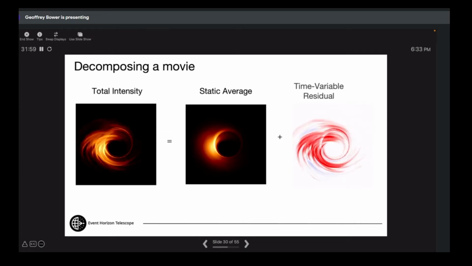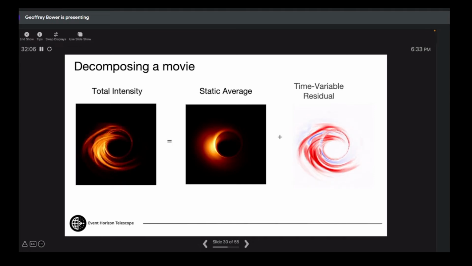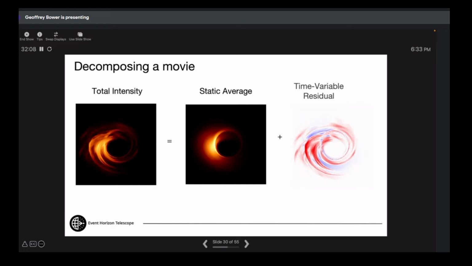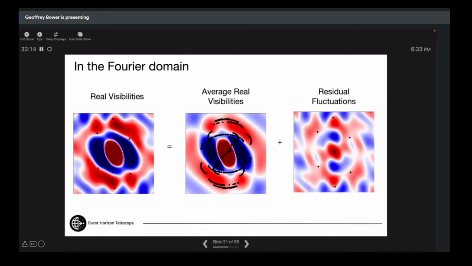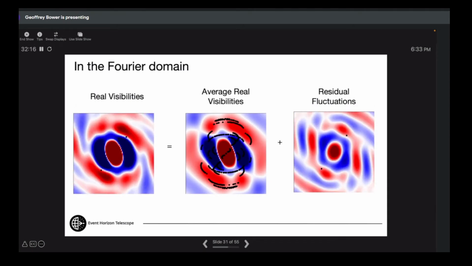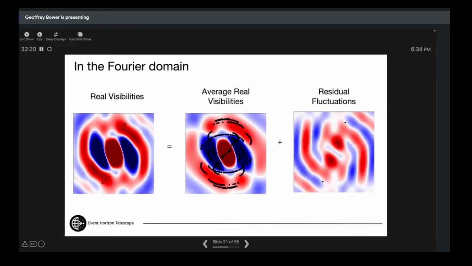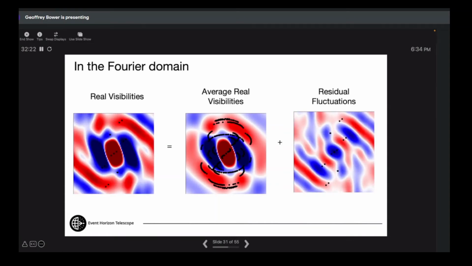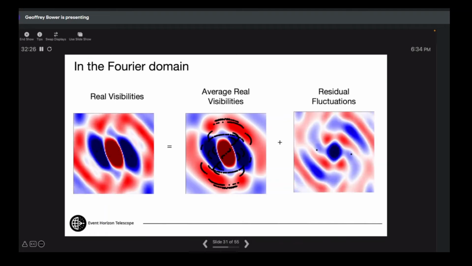So we made a goal of obtaining a static image that's unaffected by time variable residuals. And this is a simulation, and it's intended to demonstrate for you what this variability looks like in visibility space.